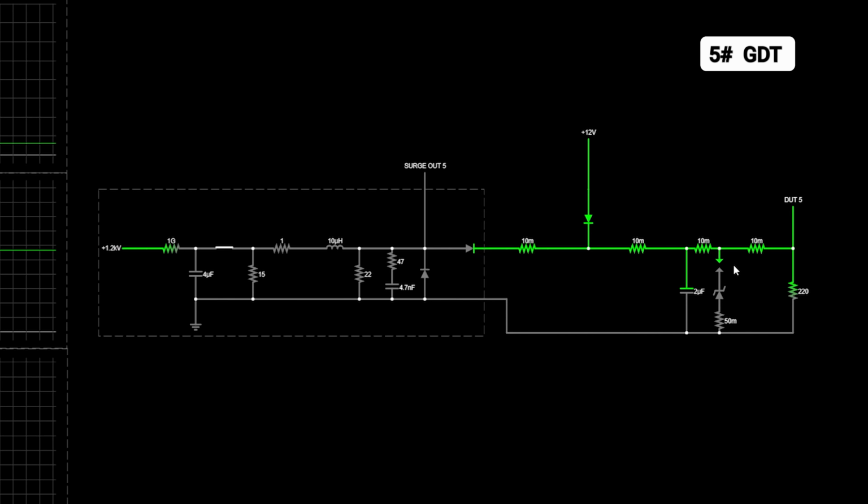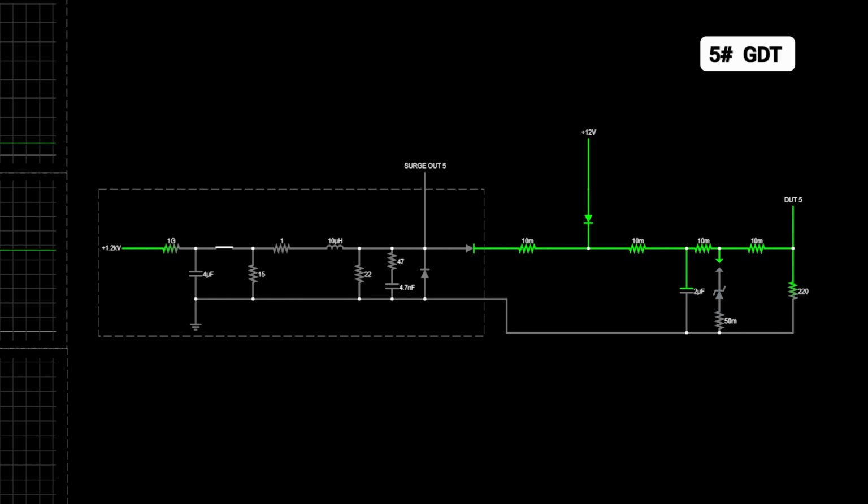I'll potentially do another video on just discharge tubes themselves. I don't have enough time in this video to talk about sizing and why I chose 50 volts. But with that TVS diode here, once the voltage drops below that, it will disconnect this circuit and prevent it from having that short after the surge event.